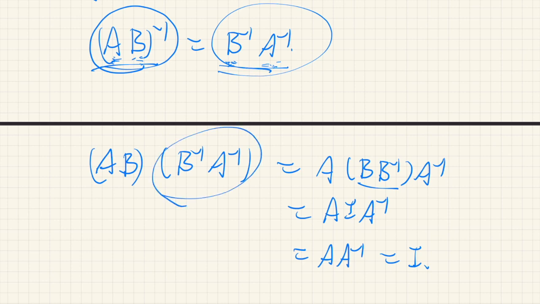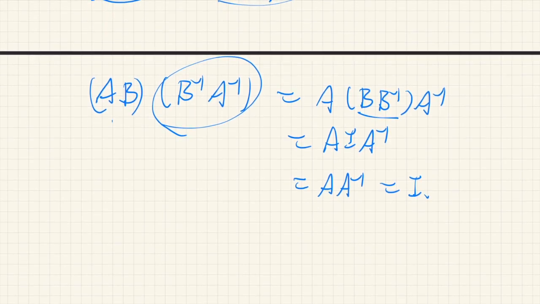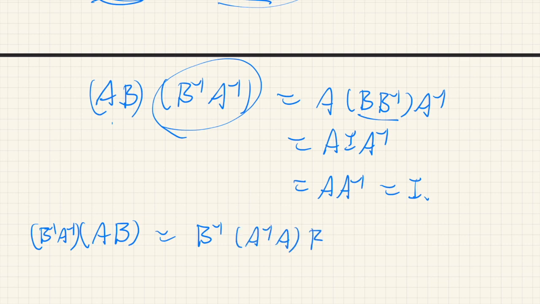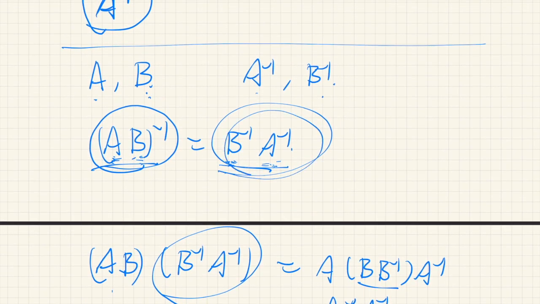So this is a right inverse of AB. We can also show that B inverse A inverse times AB is B inverse times identity times B, so the identity will disappear, and B inverse times B is the identity. So this is indeed the inverse of AB.